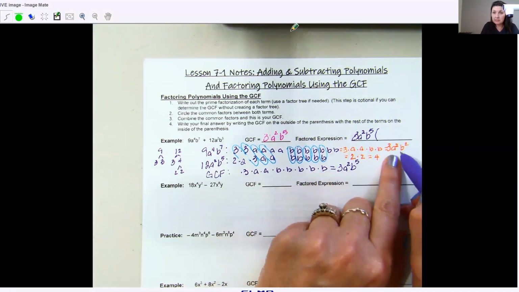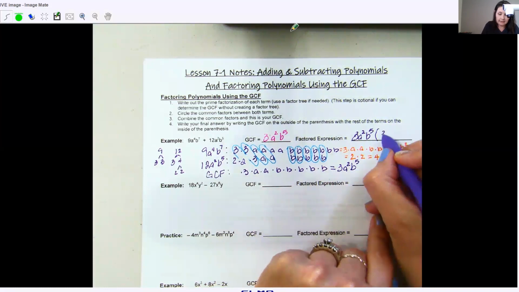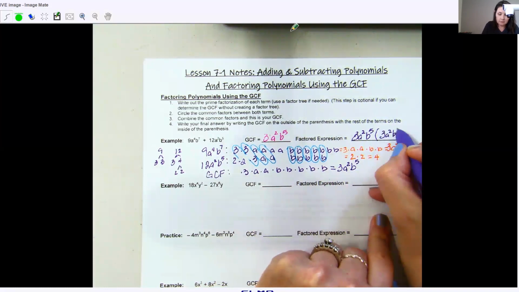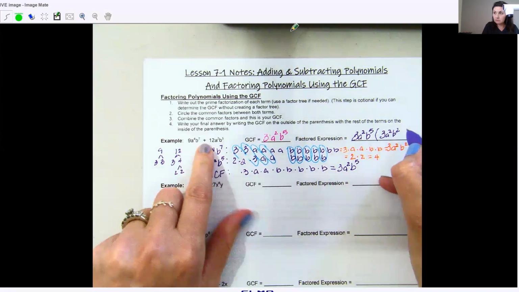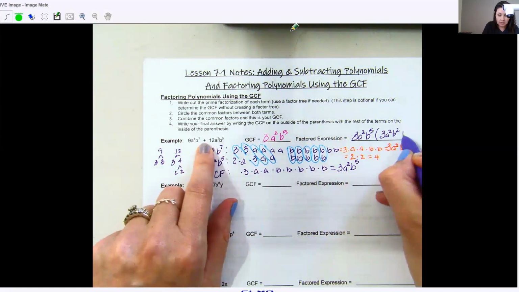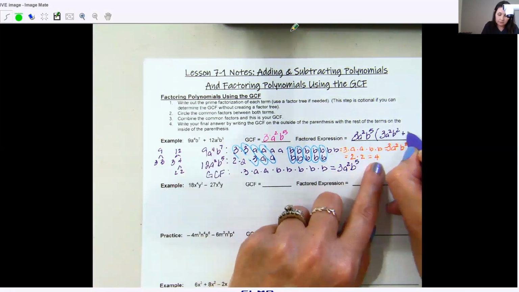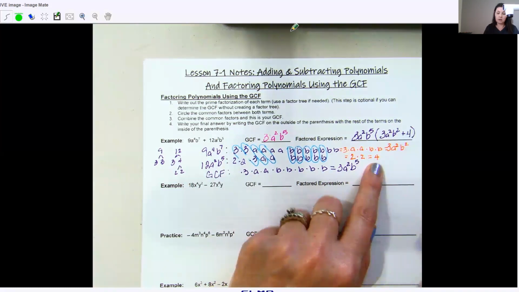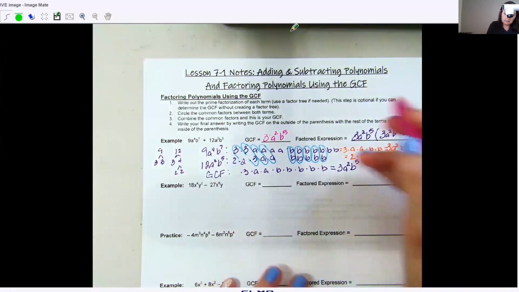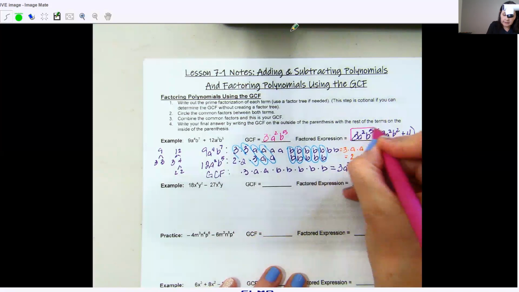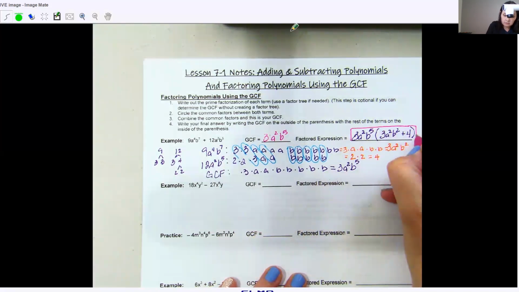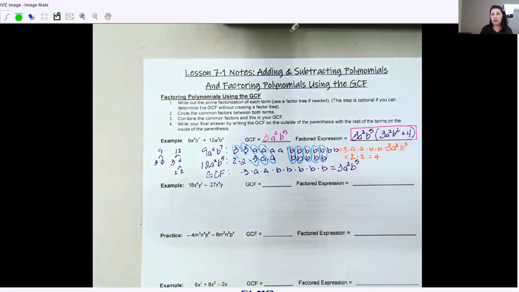So here's what's left over after factoring from our first term. 3a squared b squared, and then we're adding in our problem, so we put plus, and then 4. That's what was left here. And so this is your final answer for this problem after you have factored it out.